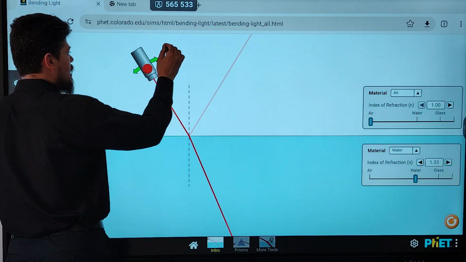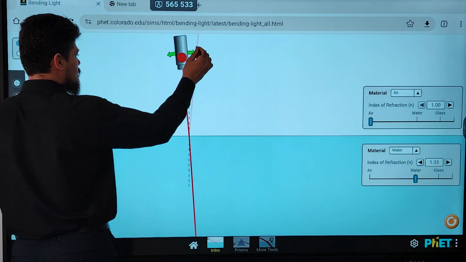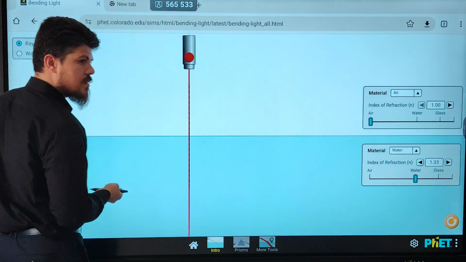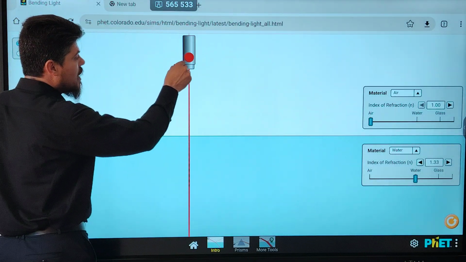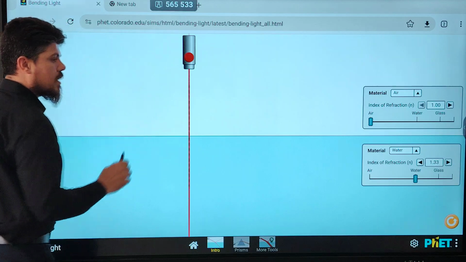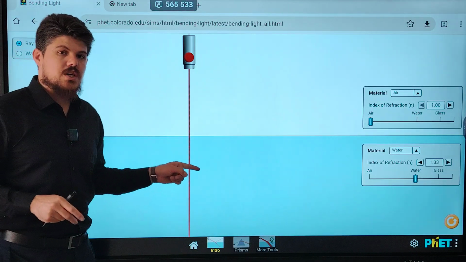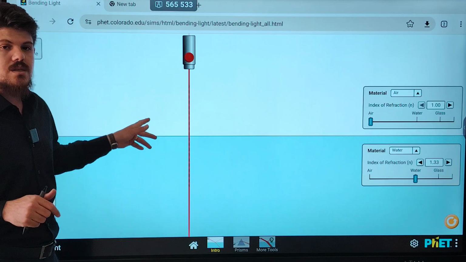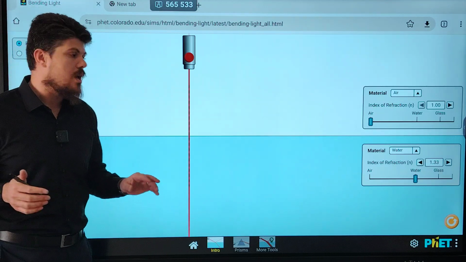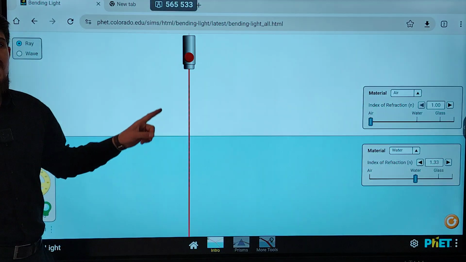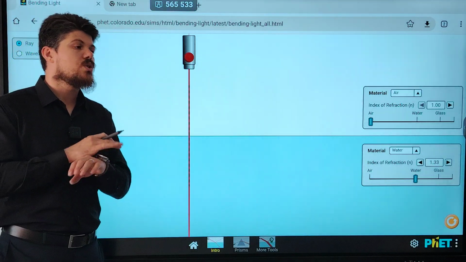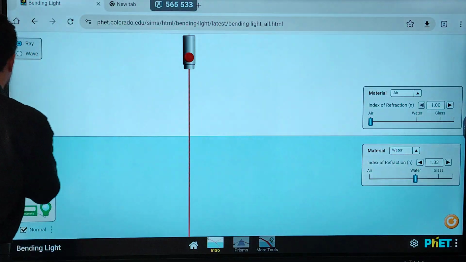When the incoming light is perpendicular to the surface, or when the incoming light travels along the normal. Do we have refraction? No. Even though we have two substances with different densities, we don't have refraction. Why? Because when the light travels along the normal, the light does not bend. So we don't have refraction in this case.